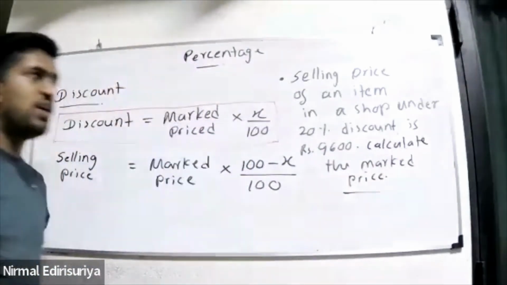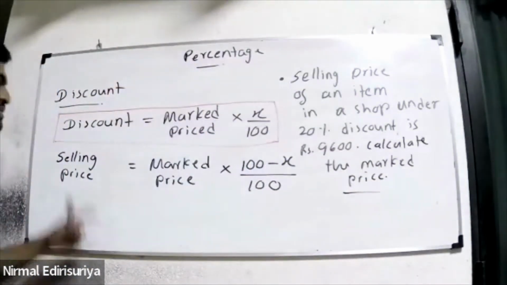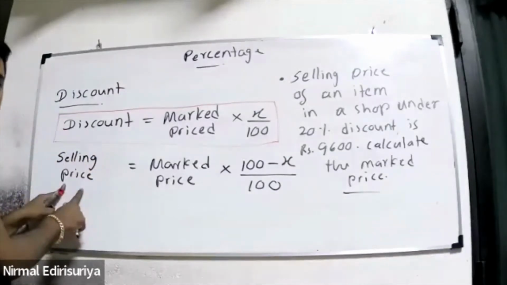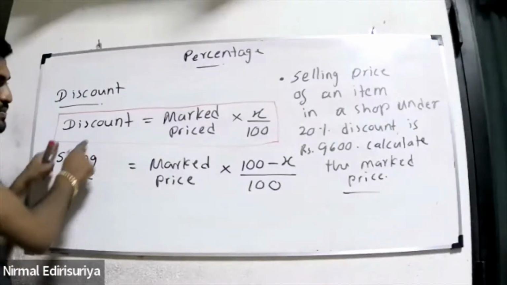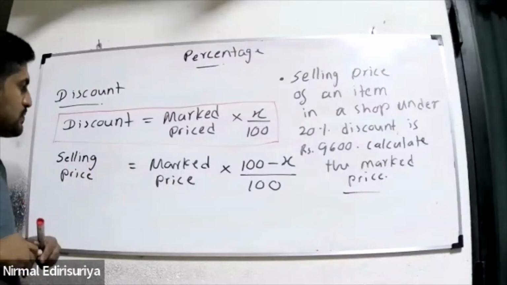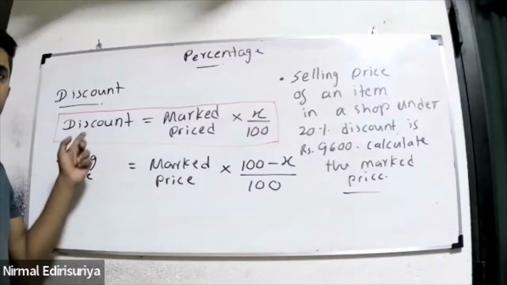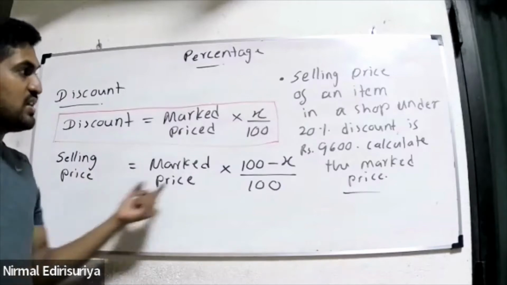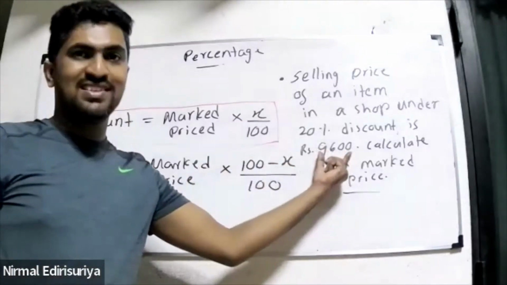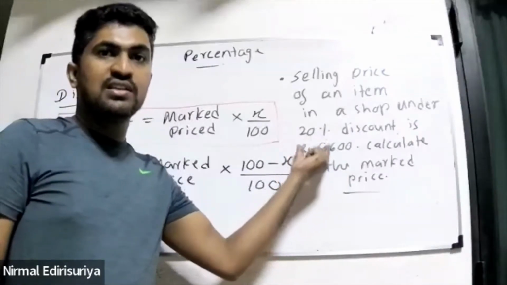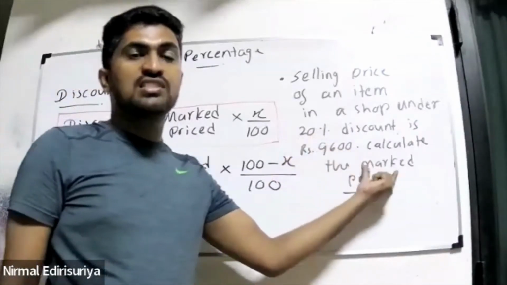Which equation we have to choose? This equation or this equation? Second one, because they gave the selling price and the percentage of discount, and ask for the mark price.